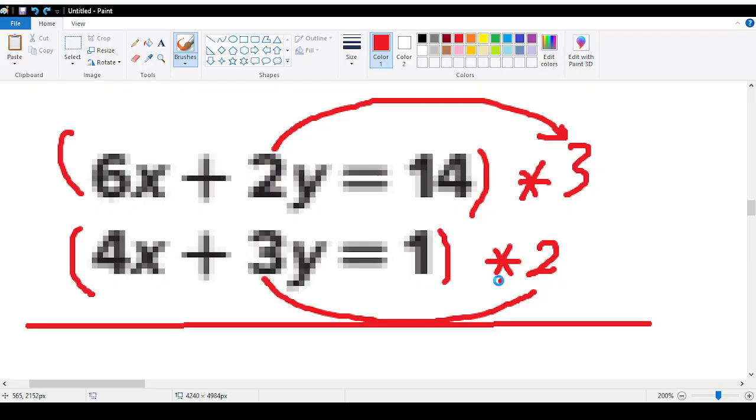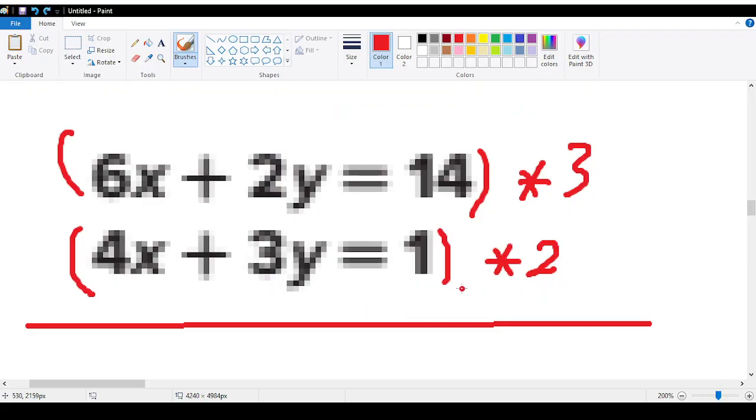Good. To be exact, what we will do is multiply with the opposite numbers. If you have 2 in the first equation, this number will be multiplied here. And in the second equation, this coefficient will be multiplied where? For the first equation.